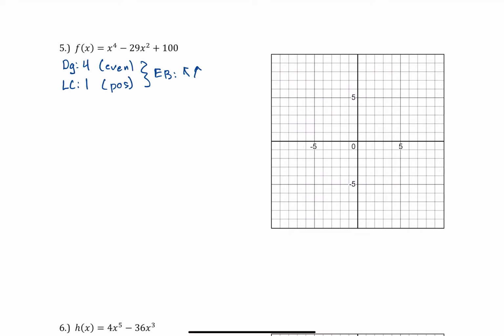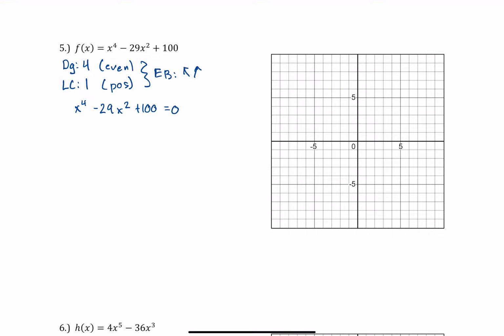The zeros are a little bit harder here. So we're going to have to take the x to the 4th minus 29x squared plus 100 and set it equal to 0. So what we'll need to do is find two numbers that multiply to 100 but add to -29.